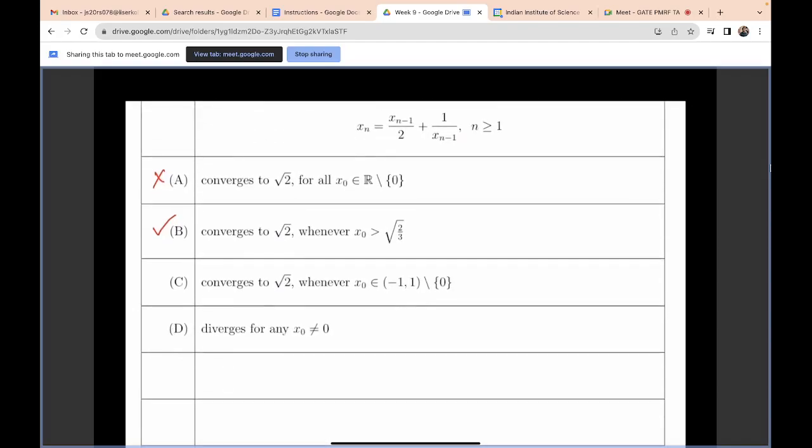Check option C. Option C is saying that the sequence will converge to square root 2 whenever x0 belongs to the interval minus 1 to 1 except 0. But this is again not true, because if we take the negative number, it will not converge to root 2. So option C is not correct. And the option D is saying that the sequence will diverge for any x0 which is non-zero. But we have checked that for x0 positive, the sequence will converge to root 2, and if x0 is negative, then the sequence will converge to minus root 2.